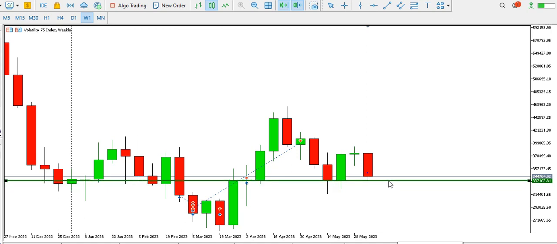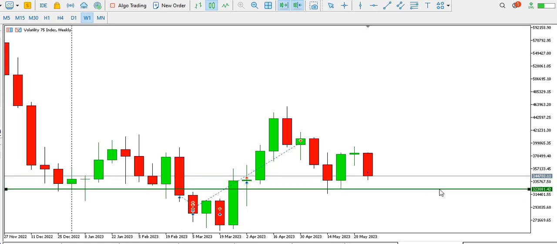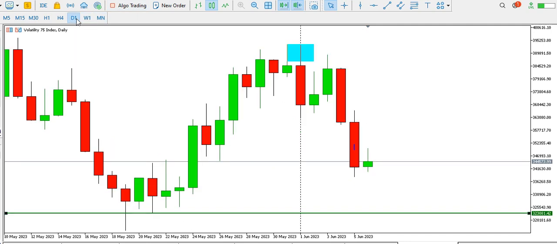The close of this particular weekly candle, the 37102 level, has been tested. The next level should be the low of this particular candlestick, which is the 323081 level.